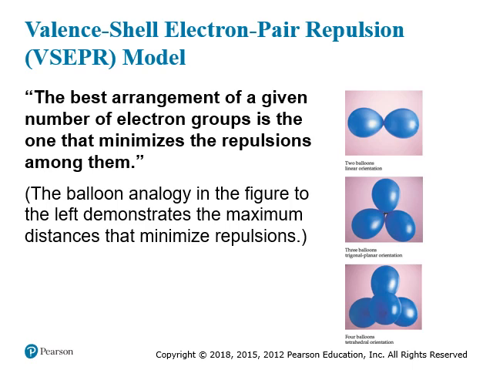If you have 3 balloons, as is seen in the second image, in order to maximize that distance, you're going to see the balloons orient in a triangular fashion. If we introduce a 4th balloon, things get a little more complicated. In the first 2 instances, the electron groups resided in the same plane.